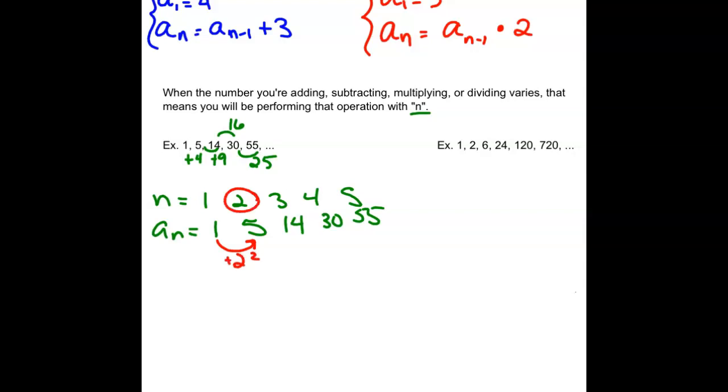To go from the second term to the third term, I added 9, which is 3 squared. So I'm just adding n squared to go from one term to the next. So my recursive formula, I would start out saying that my first term was a 1. My nth term is going to take the previous number and add to it n squared.